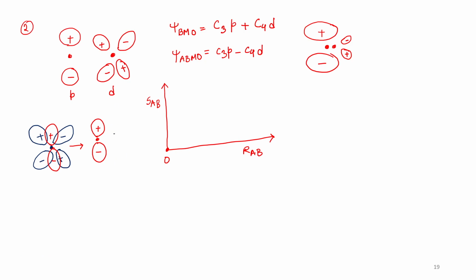This is the current position I am trying to draw. Plus minus minus plus, at this position they are going to have some positive overlap, right, at this distance. So it will increase, and then there comes a position where they are very far apart.